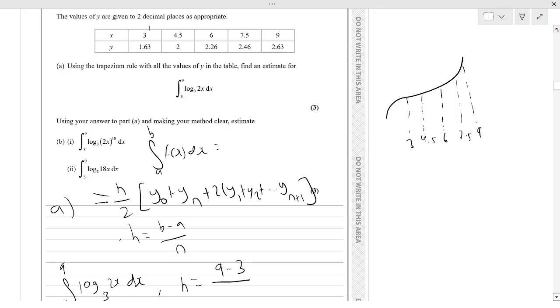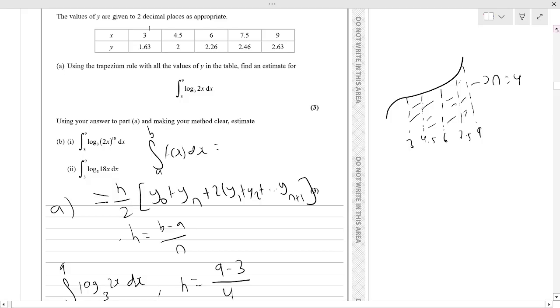So there are 5 data points. However, there are only 4 strips, or trapeziums. So actually n would be 4, not 5, because there are only 4 trapeziums, despite the 5 data points we pick. So n would be 4.